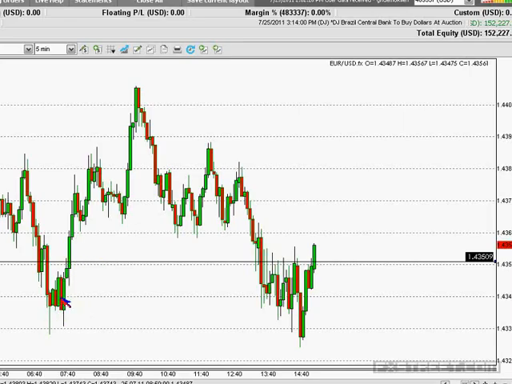So earlier this morning, we came from the other side of 50, as you can see right here. Okay, so we're coming from the other side of 50, and the euro dollar is rallying. It broke above 50, then it goes to 60, goes to 70, it goes to 80. And so it goes to 80, that's where we go long.